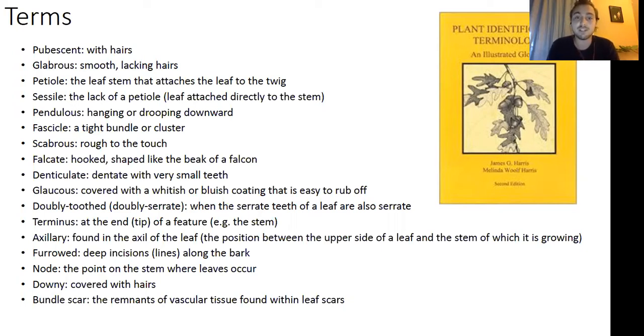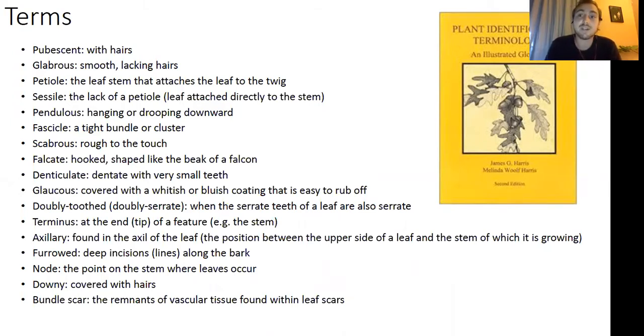Most of your keys will have a glossary at the end that will give you a good representation of the language being used, but the book pictured here, Plant Identification Terminology, provides an illustrated glossary of any botanical term you could think of, and it's very helpful once you start getting into more nitty-gritty plant identification.